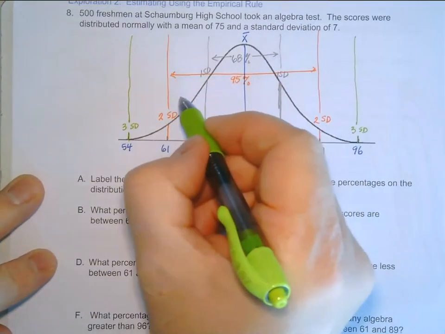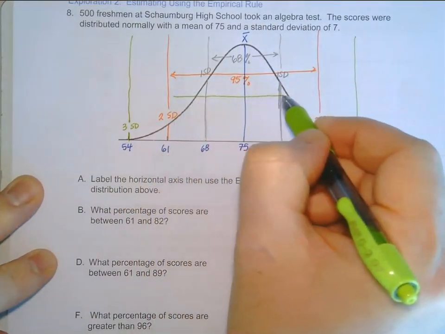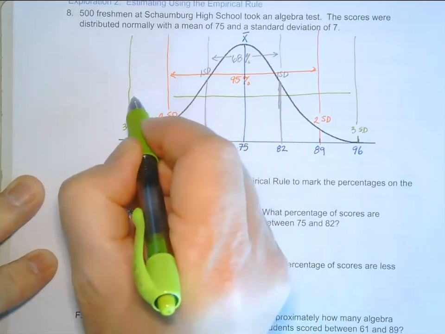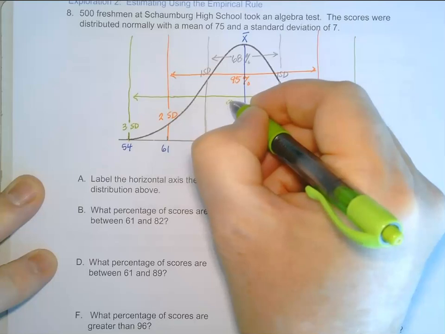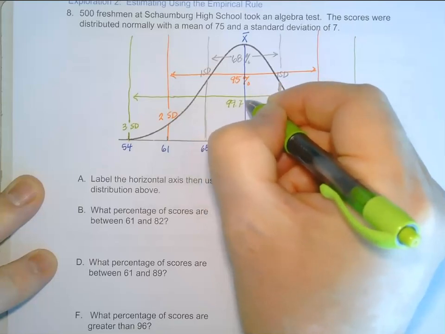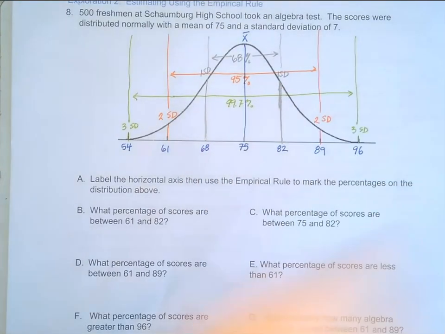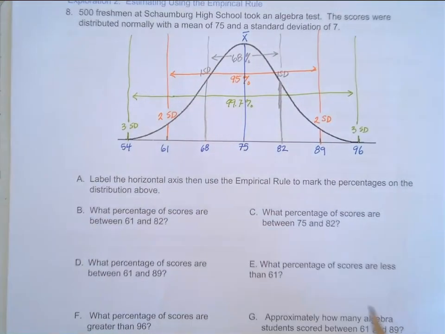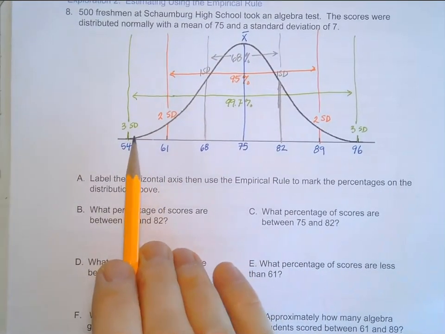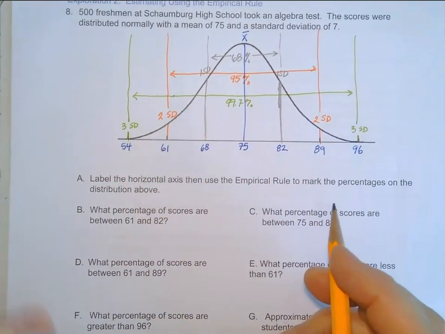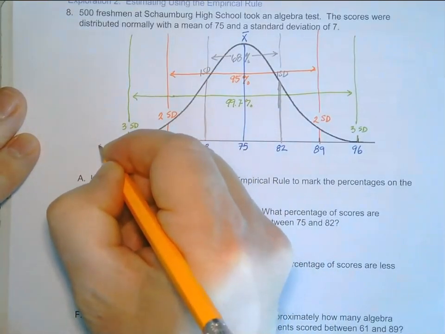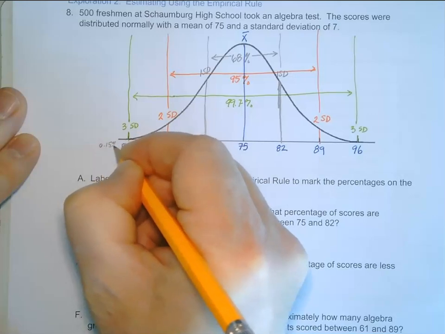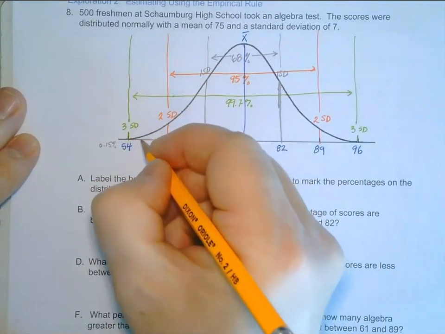And I know that going from here, oh, I didn't go far enough, did I? It's from here, is going to be the 99.7%. That's really helpful, but probably even more helpful would be to label what each of these regions are. I'm going to label this one way over here as 0.15%.